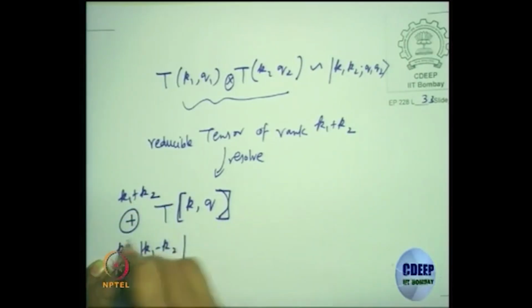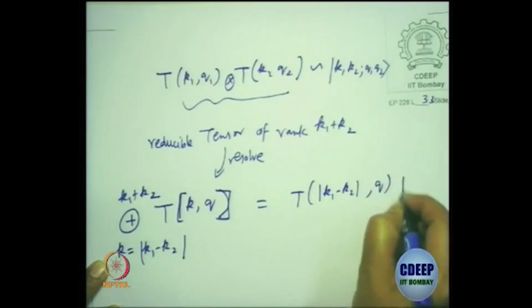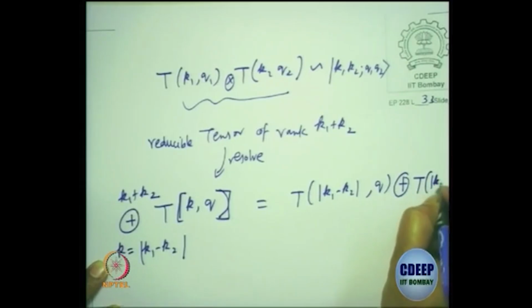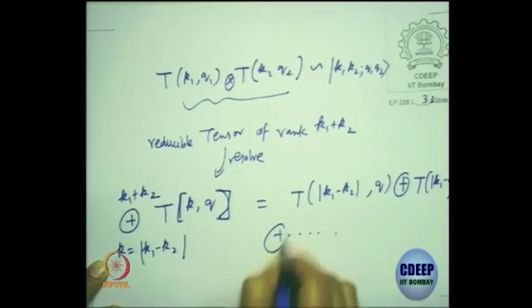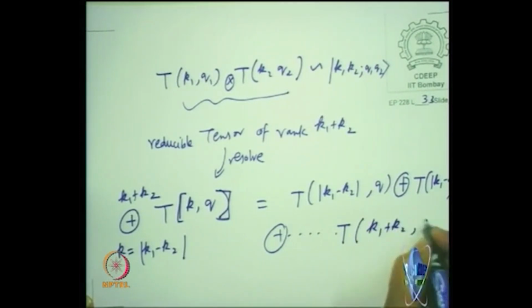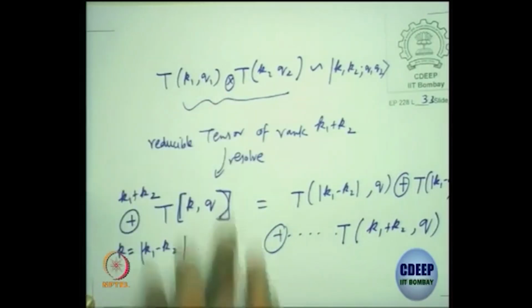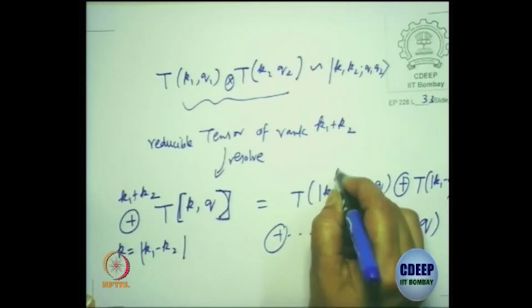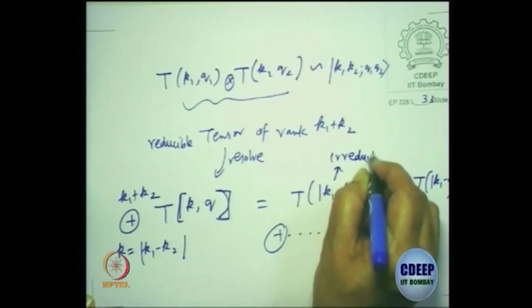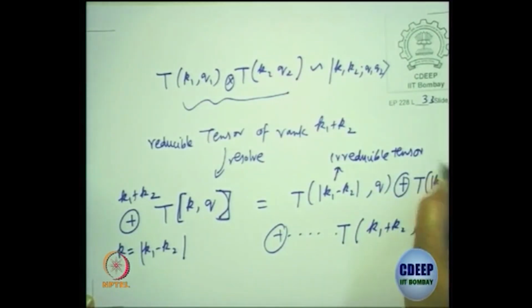So by this linear sum I mean T of mod of K1 minus K2, the corresponding Q, take a sum of T of mod K1 minus K2 plus 1 comma Q, and so on. Finally the last one will be K1 plus K2 comma Q. This sum which I am writing is what we call a direct sum, like this is a direct product. This is what we call a direct sum. Each of these are irreducible tensors, all of them separately.